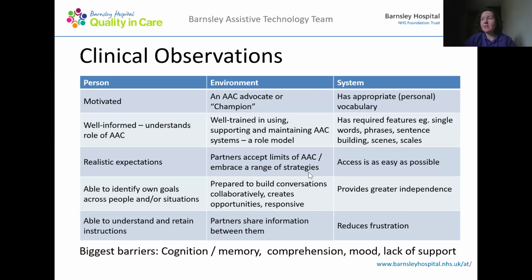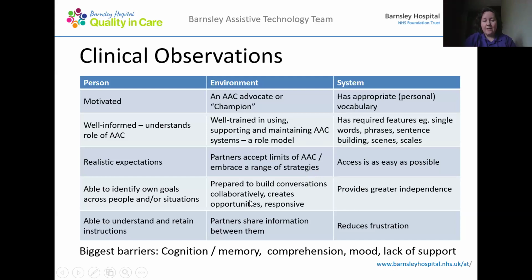So they might, for example, I've seen some really lovely examples of people who use gesture a little bit and a little bit of speech, and then they finish the message with the device. So they might say, oh, I went, and maybe gesture that and then click on shops, and then maybe gesture what they got from the shop. So they're using different strategies and encouraged by the environment to do that.